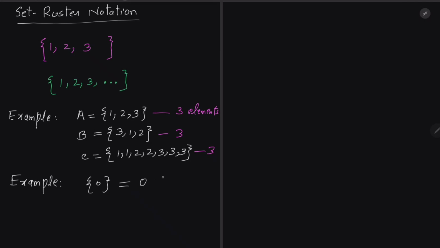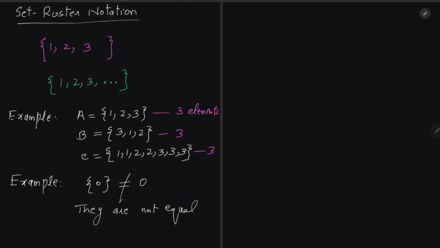The answer is no. They are not equal. On the right hand side we have 0 as a number, and on the left hand side we have a set which contains one element.